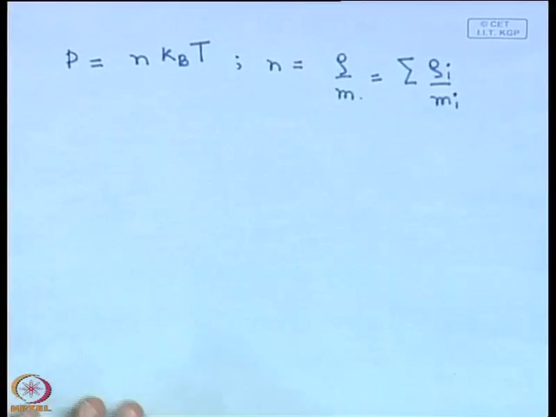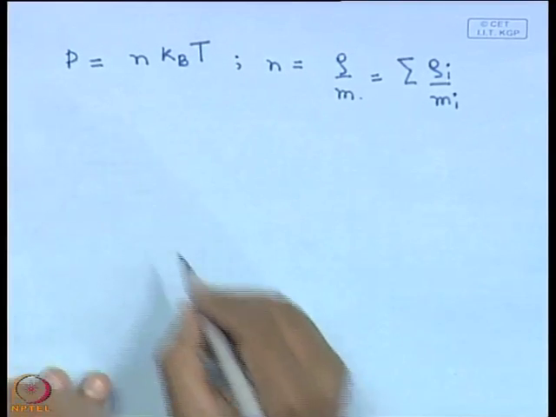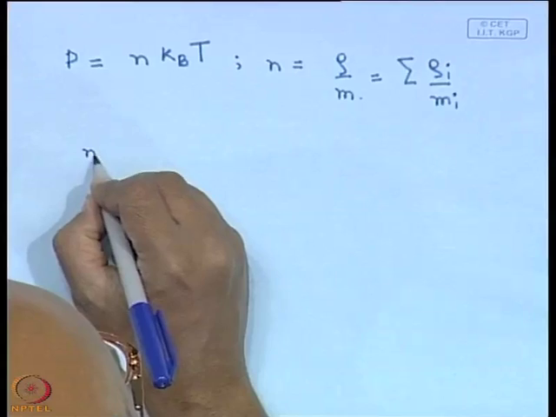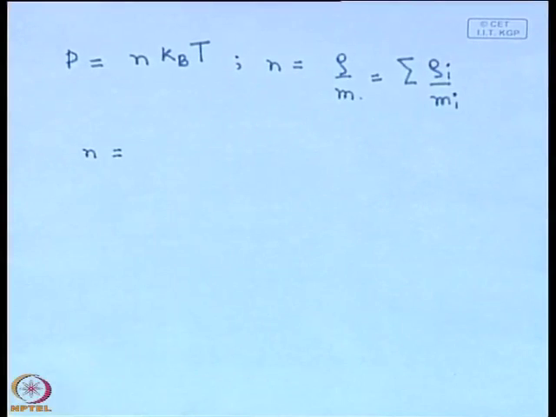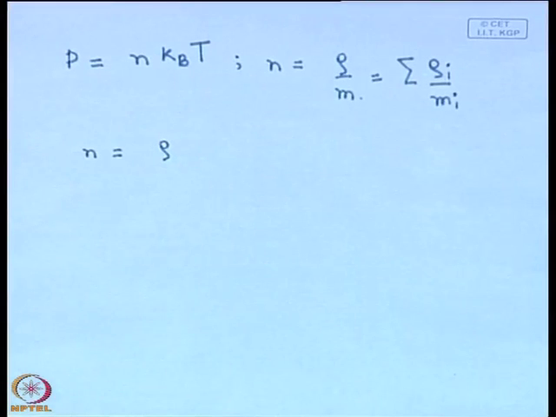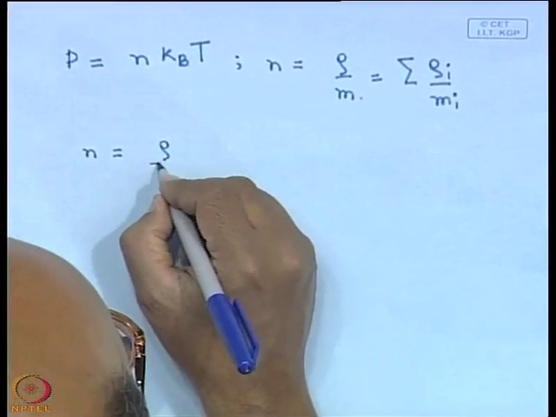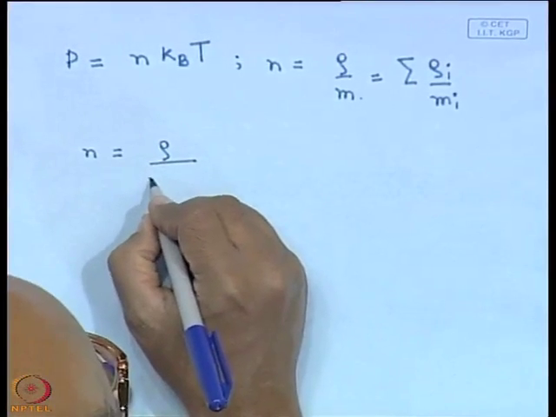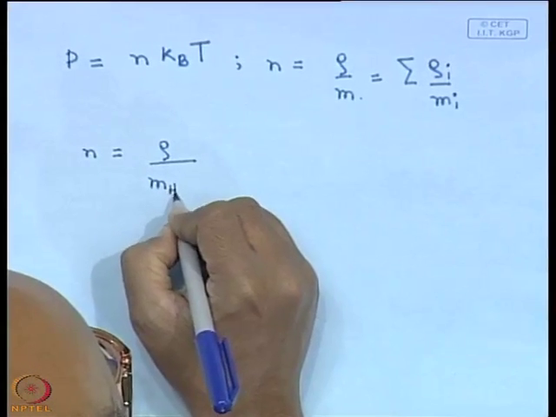Now, we write this number density of particles N as the density of the gas divided by the mass of one hydrogen atom.